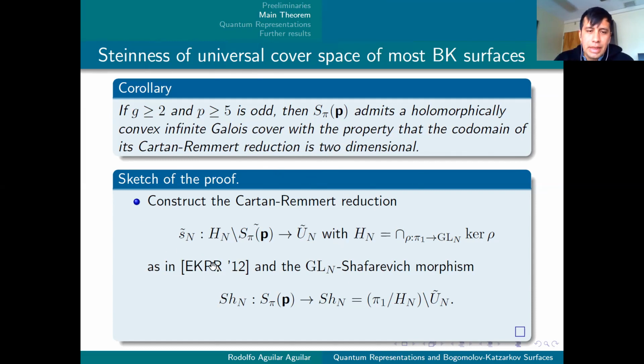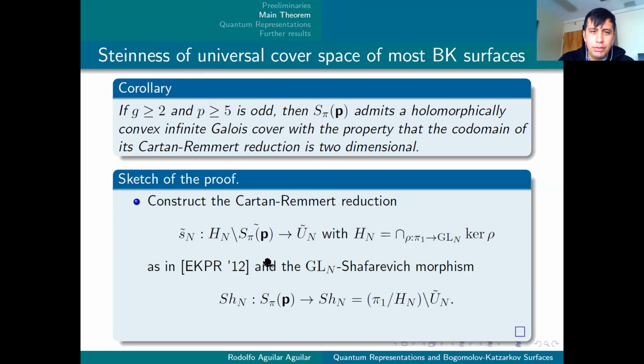In this paper of Eyssidieux, Katzarkov, Pantev and Ramachandran, they constructed a holomorphically convex ramified covering of any projective variety. In this particular case, we will apply it to this construction, and the construction is as follows.